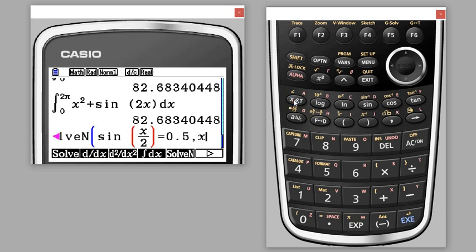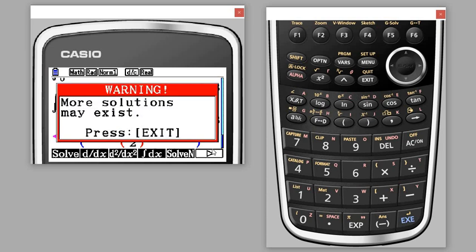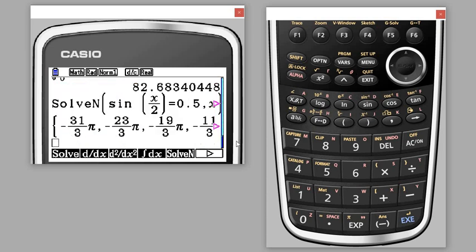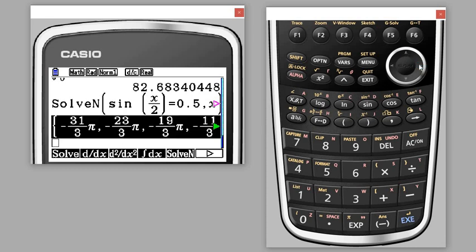So I'm going to try and solve for x. I could close the brackets, press enter, it will take a while, that error will always come up, and then it will show you a whole heap of the different solutions. So I can go up, press across, and look at all the different solutions it gives me.